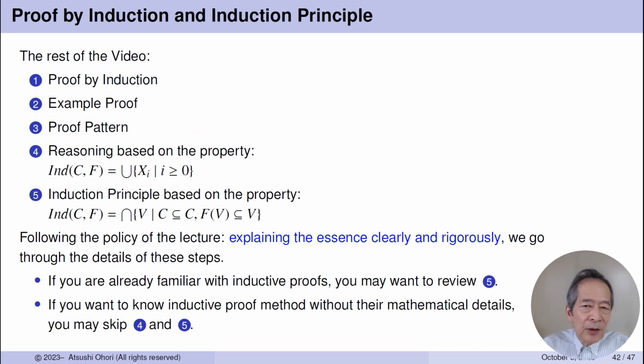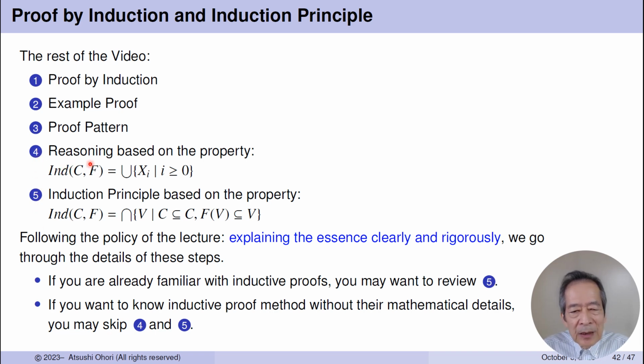The main new technical contents of this video 3 are proof by induction and the induction principle. We learn these in the following 5 steps. I first review proofs and proof by induction, and then give a simple example proof, and from this simple proof we extract the generic pattern of inductive proof, and then provide two mathematically rigorous understandings of proof by induction.